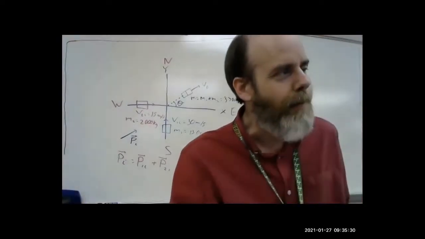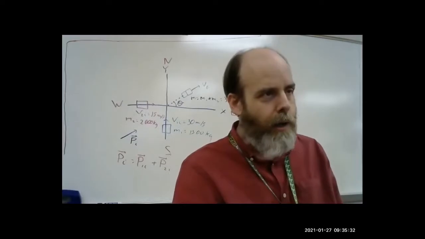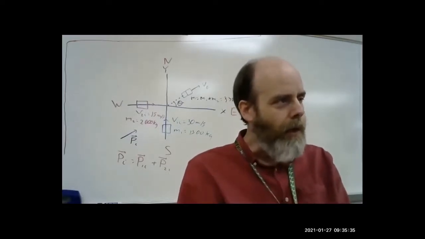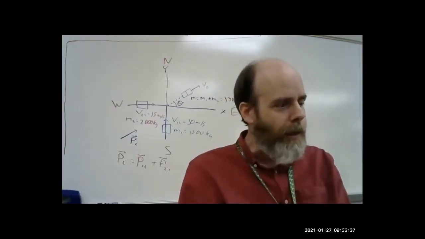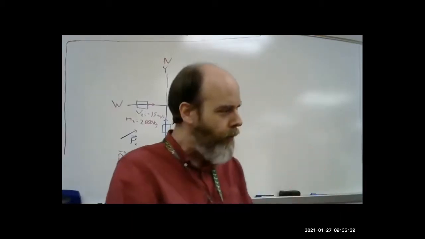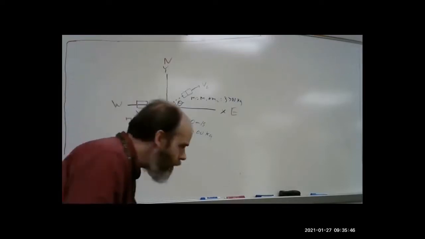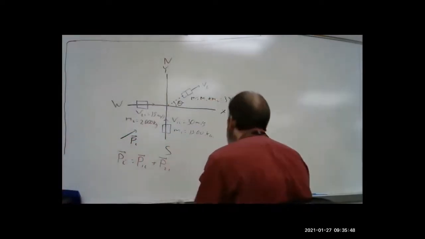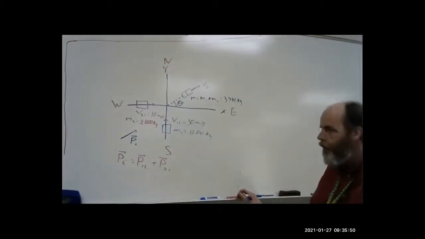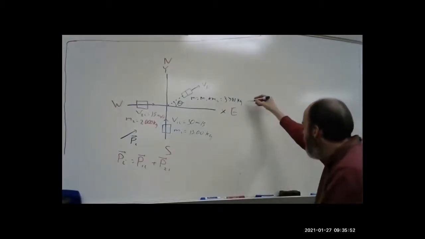Now let's look at part B. Draw a momentum diagram and solve the conservation of momentum equation in the x direction. So let's draw that momentum diagram in the x direction. So we have something like this.